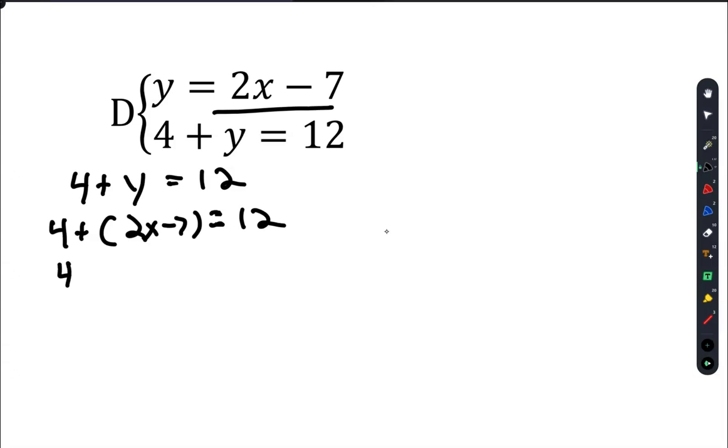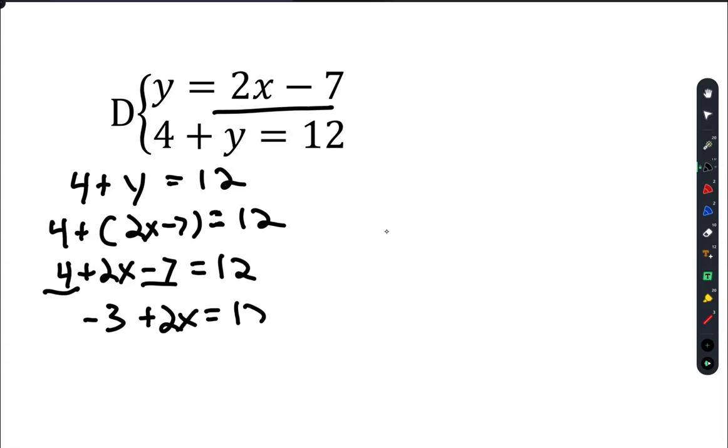So I'm going to rewrite it one more time. 4 plus 2x minus 7 is equal to 12, and I'm going to add my like terms, which here is this 4 and this -7. That's going to give me -3 plus 2x is equal to 12.